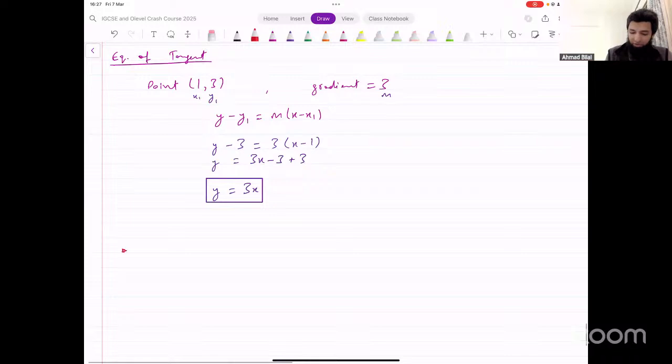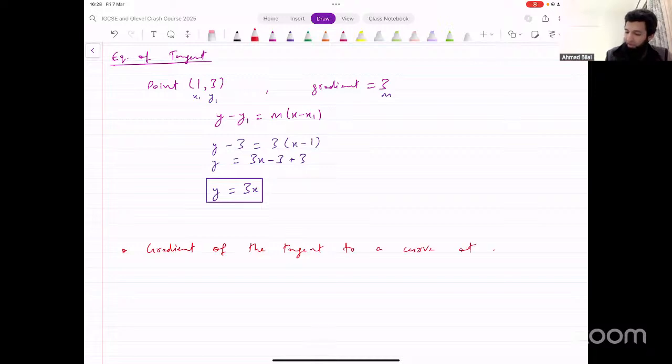So you should remember the gradient of the tangent to a curve at any point is equal to the gradient of the curve at that point.